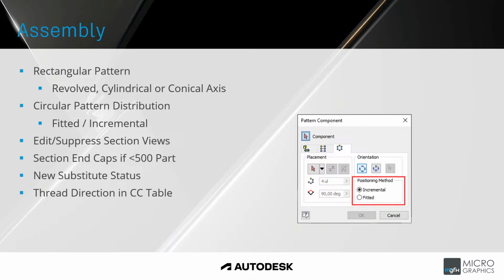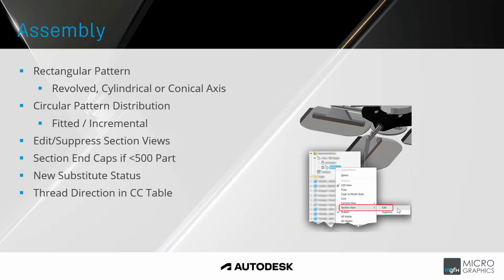I know I've always had issues where I'd say, okay, I want 4 of them patterned around 360 degrees, and we would have 4 objects patterned one on top of each other, because that was always an incremental. We can now choose the fitted option and have 4 fitted evenly around 360 degrees. So just as an example. So a nice improvement there, just brings it in line more with feature and sketch patterns as well.